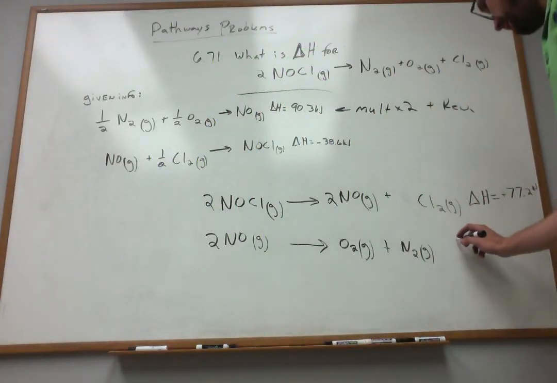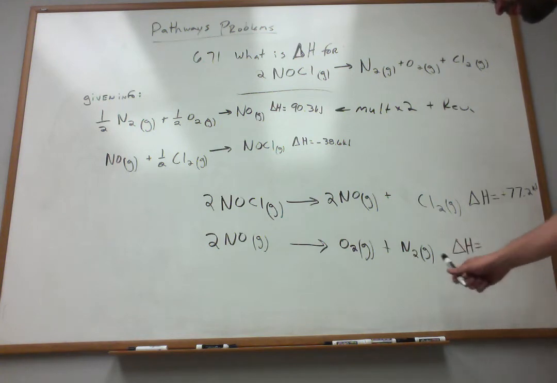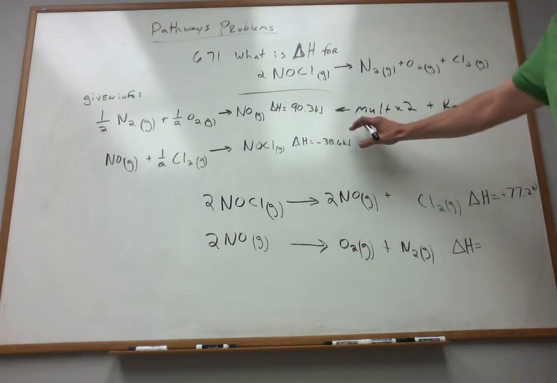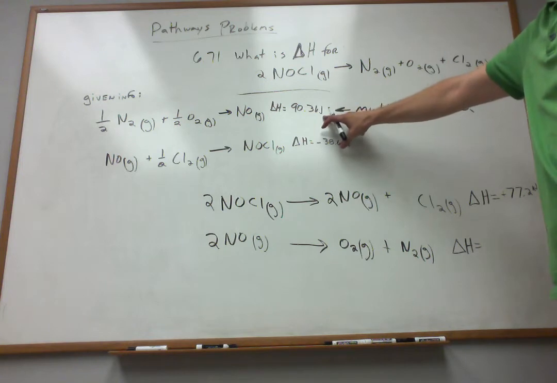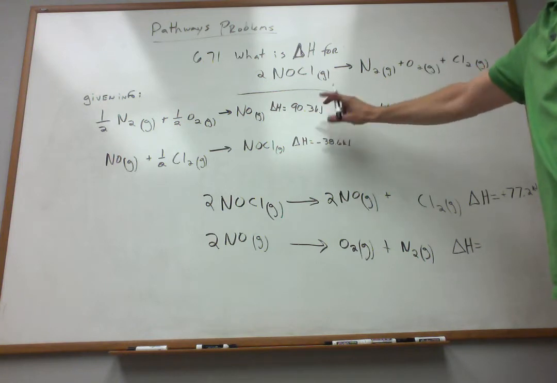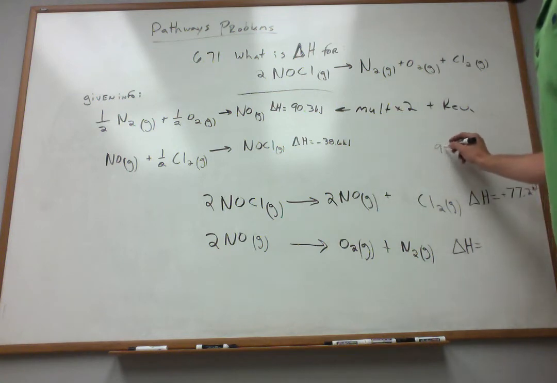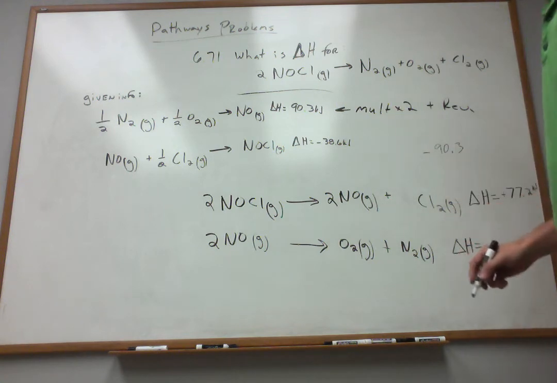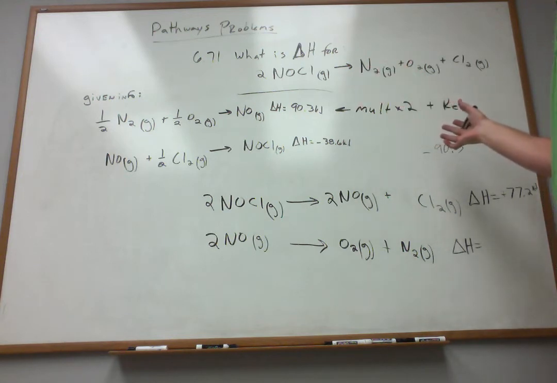All right, now what is the enthalpy, or the delta H, that's associated with this reaction? So what did we do? We multiply by 2 and we reverse. So let's consider the reversal first. If you reverse reactants and products, you change the sign. So instead of having a positive 90.3, now I'm going to have a negative, just by virtue of flip-flopping the reactants and products.